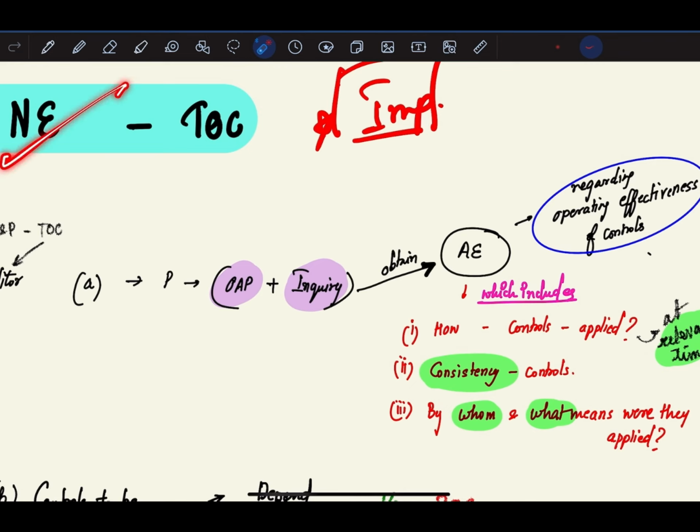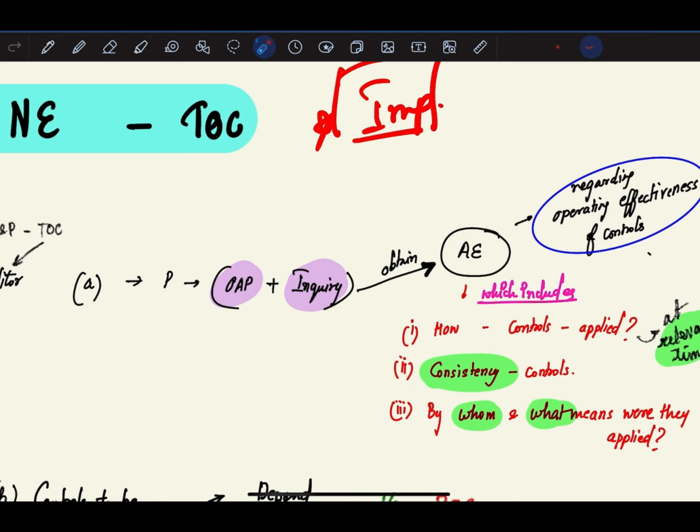So the next topic is nature and extent of test of control. This part is important. So what is the nature and extent of test of controls? While designing and performing test of controls, the auditor shall perform other audit procedures in combination with inquiry to obtain audit evidence regarding operating effectiveness of controls.